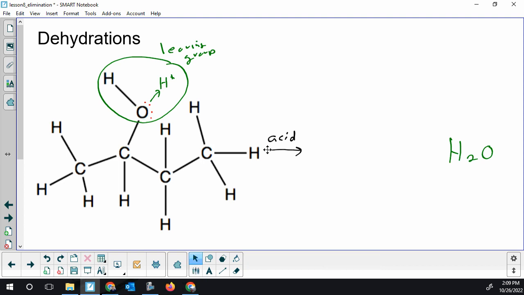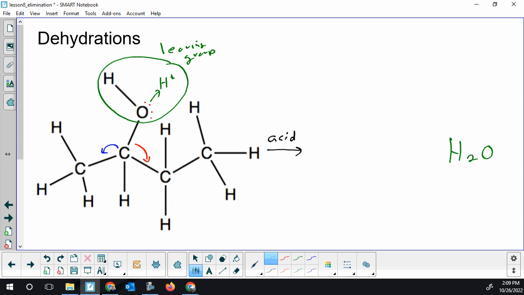Once that water leaves, you can get a double bond to form to the right of the carbon that had the hydroxyl group, or you can get a double bond to form to the left. We have to consider both ways. There's 2 possible names. Okay.